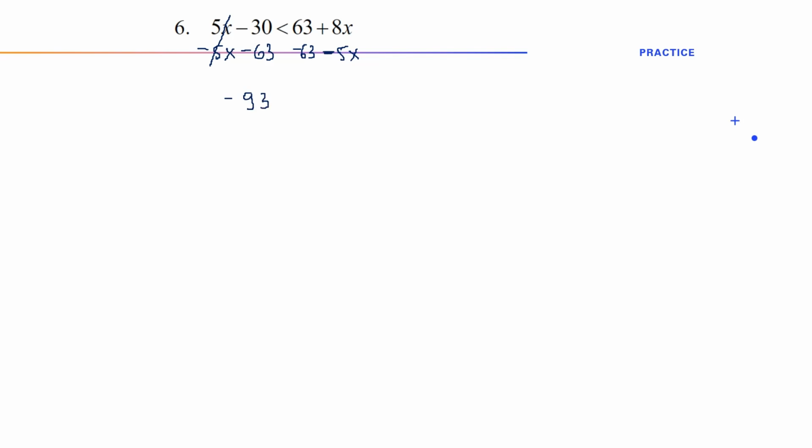Negative 93 less than 3x. Now divide both sides by 3. The 3 is a positive number, so we just keep the direction. So x greater than negative 31.